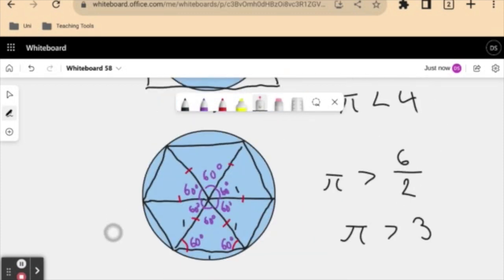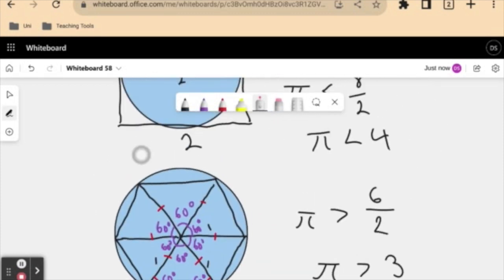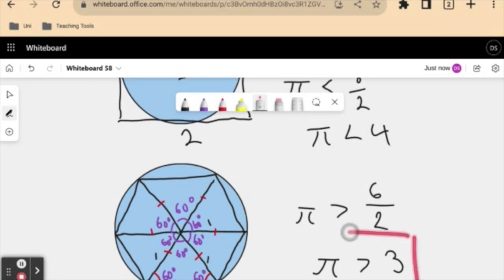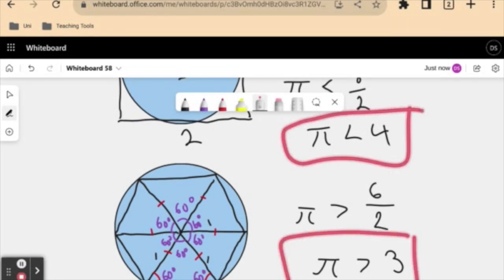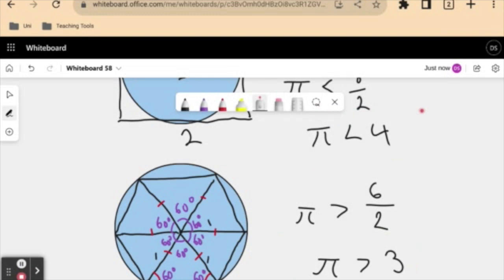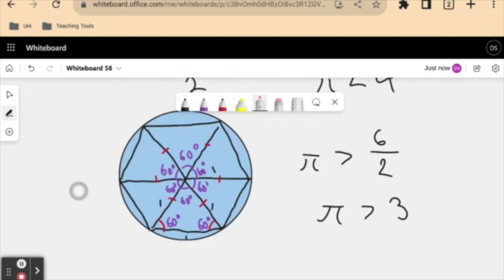So here we had a pretty large discrepancy. This doesn't tell us much, that pi is between 3 and 4, but by adding more polygons, we slowly close these. We bring these two bounds closer and closer together, and this gives us a more accurate approximation for pi.